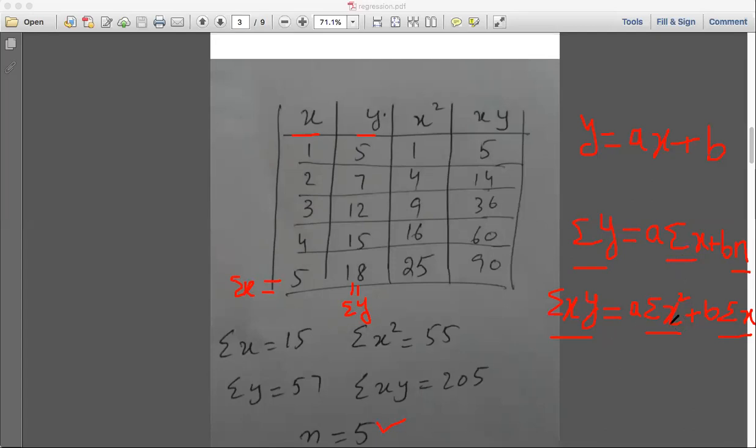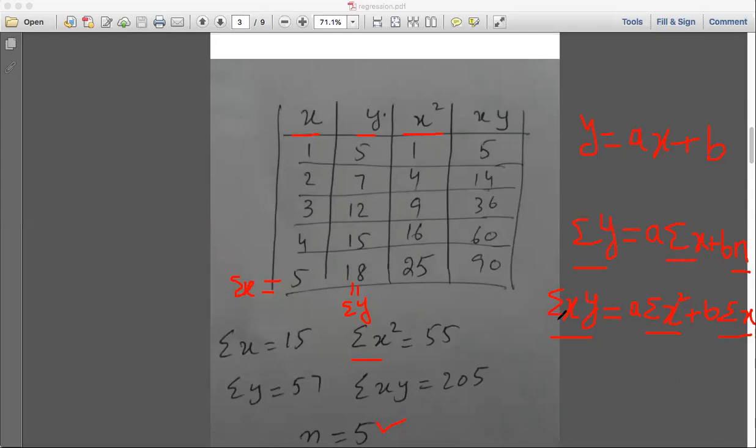So what is left? Now we need summation x square and summation xy. How will summation x square come? First of all we need x square, so square all the values of x. 1 square 1, 2 square 4, 3 square 9, 4 square 16, and 5 square 25. And when we sum all of these values, you will see summation x square will come 55.